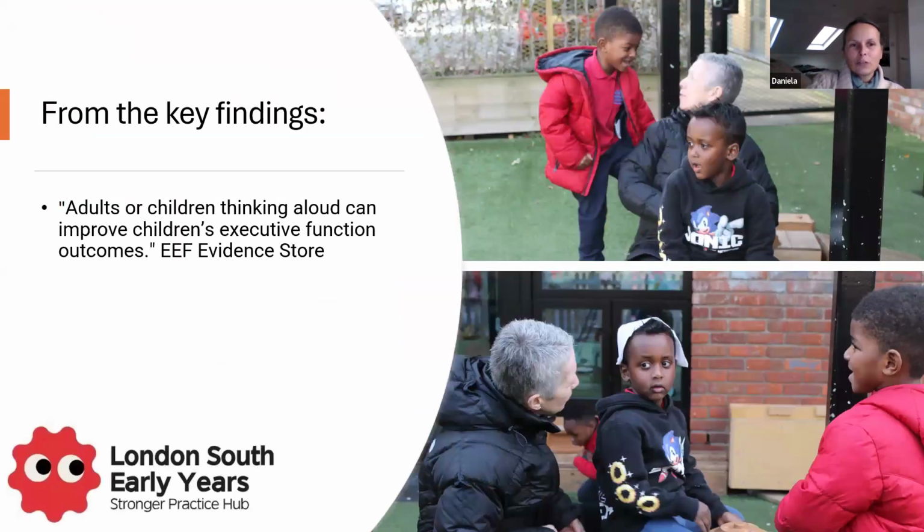So adults or children thinking aloud can improve children's executive function outcomes. So that adult joining the play, thinking aloud. So here in the image below, you can see the child is quite worried about allowing another person to join the putting out of the fire.